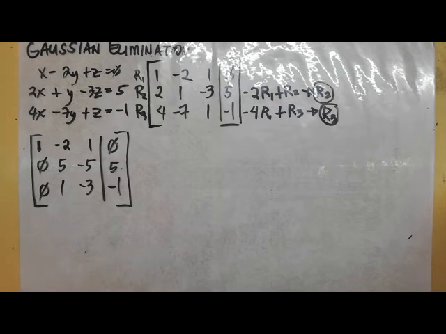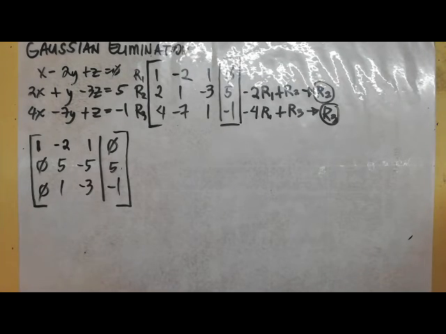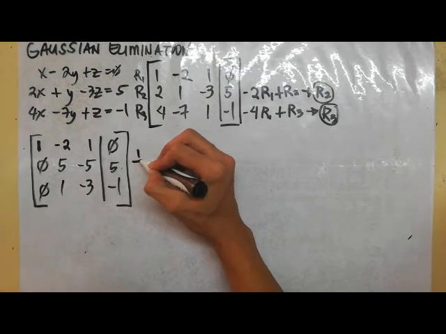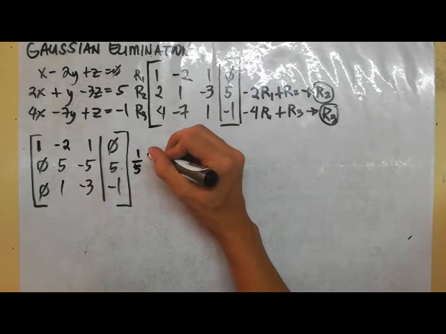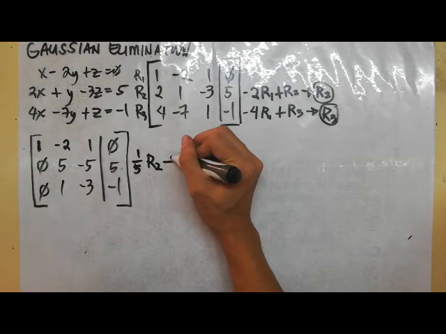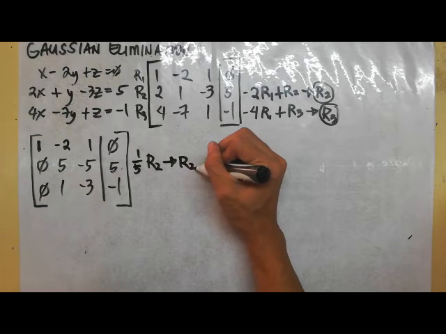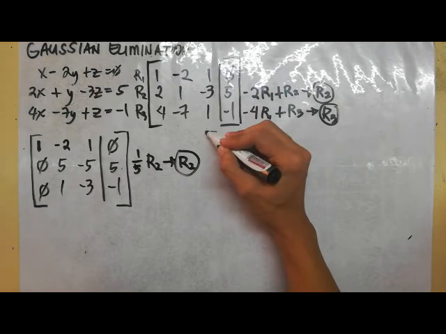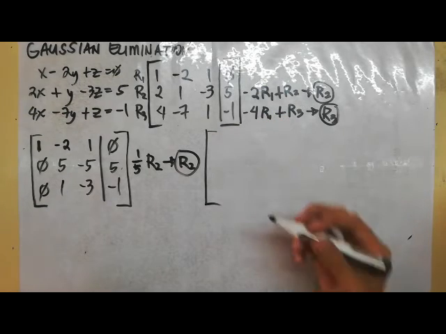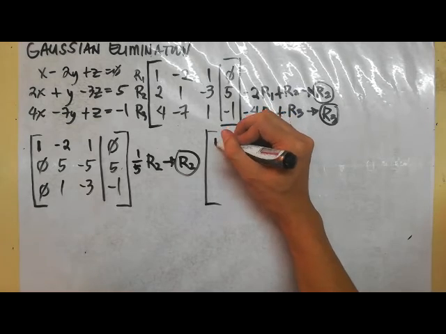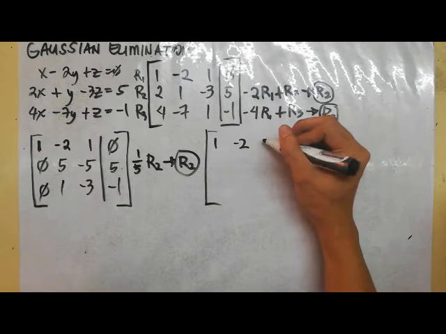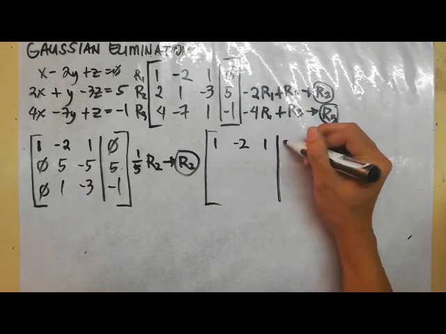Next, we have this formula for R2, which is 1 over 5 R2 for the new values for R2. So we have copy 1, negative 2, 1, 0.